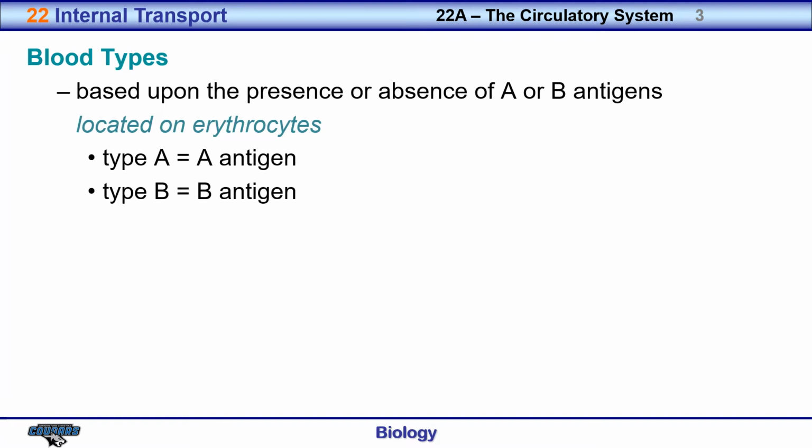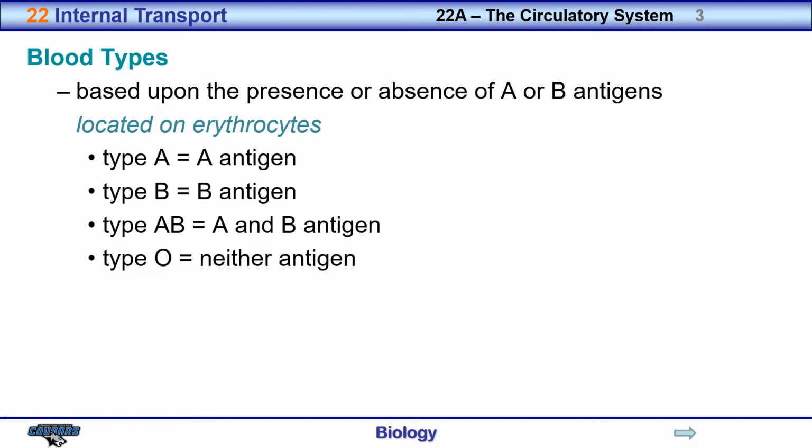Then they found that there was another blood group called AB. This would be type AB blood, and this blood type has both antigens, both an A and a B antigen.